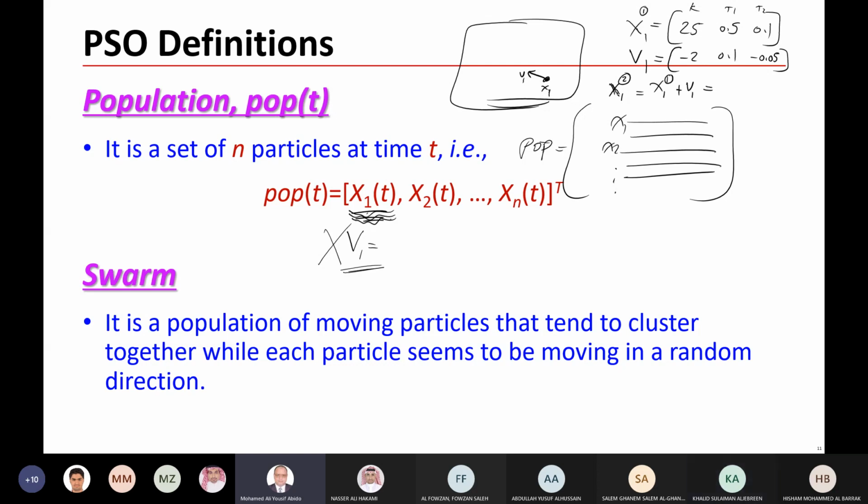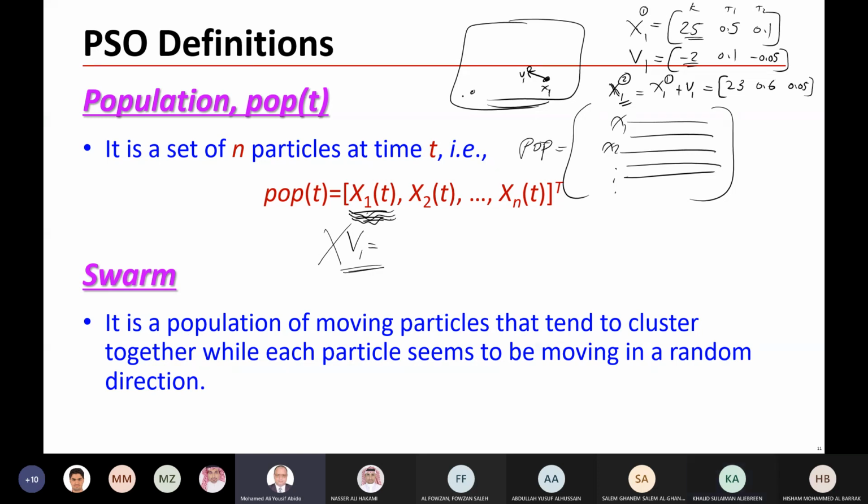So in this case, this particle will move to here. Here it was 25 minus 2, so it is 23. This one will be 0.6. This one will be 0.05. So this is the new position for that particle, and this will be the new population.